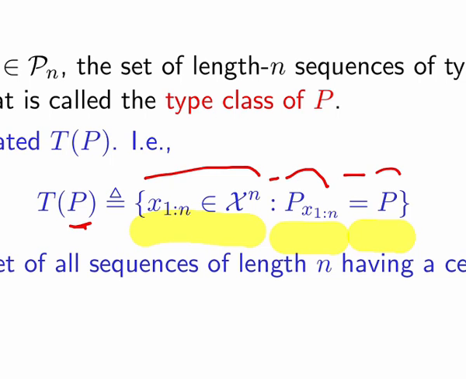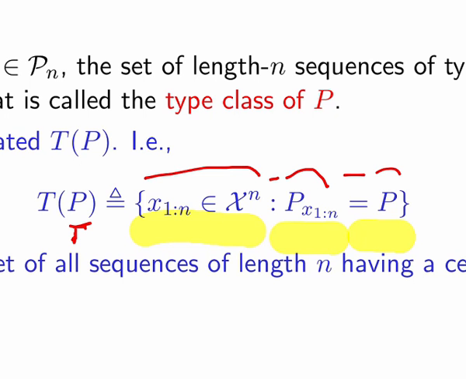Now you could say, oh, well, what happens if P is irrational or something? Well, we're going to get into that. Right now, assume that's true. If P happens to be irrational, if P has irrational numbers, then the type class would be empty, because basically all of the histograms for a given finite n are rational numbers. So to get a non-empty type class, you have to at the very least have a rational type.